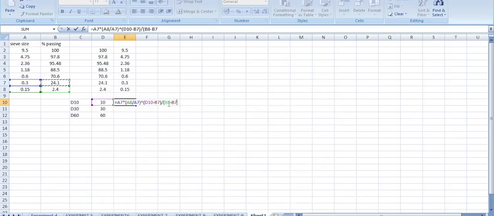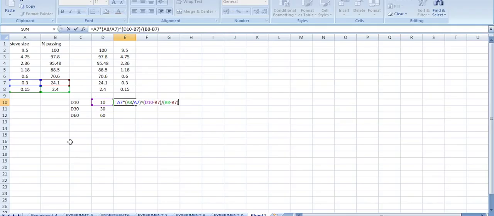So this is our si plus 1 and this is our si. So we cover with brackets. So we have succeeded in writing the interpolated value.